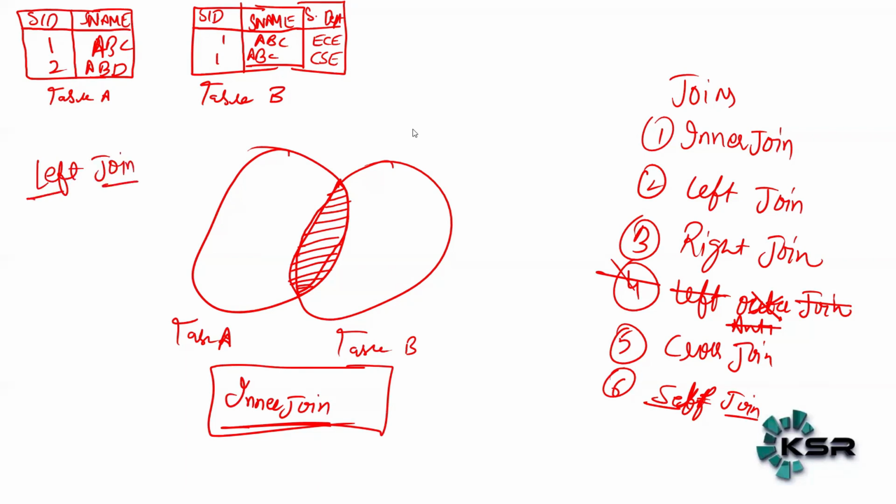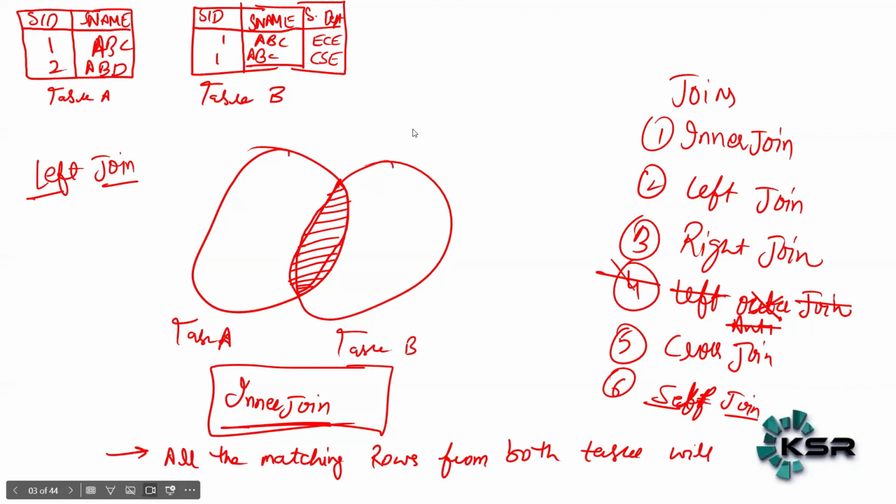In inner join, if you have to explain it in one line, you will say all the matching rows from both tables will come as a result, right? So now left join will be what?